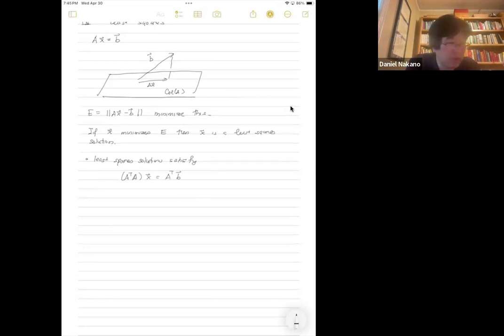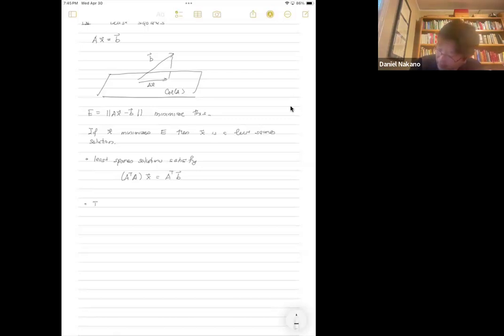Now, what we want to do is we want to be able to invert A transpose A, because A transpose A is just a square matrix. So the condition which allows us to say when A transpose A is invertible is if A has linearly independent columns.